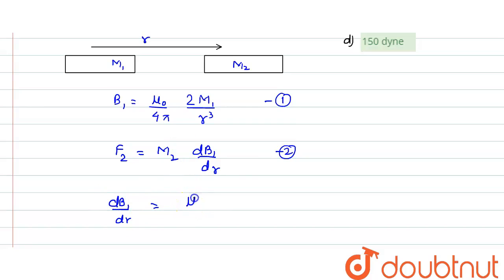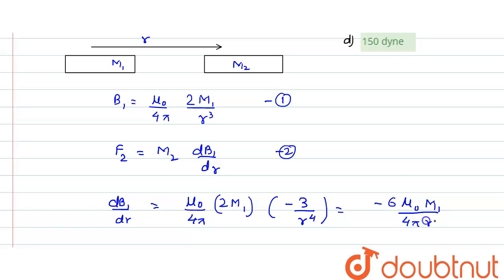dB1 by dr equals mu naught divided by 4 pi, which is constant, times 2 m1, which is constant, times the differentiation of 1 divided by r cube. The differentiation of 1 divided by r cube is minus 3 divided by r to the power 4. So this turns out to be minus 6 mu naught m1 divided by 4 pi r to the power 4.